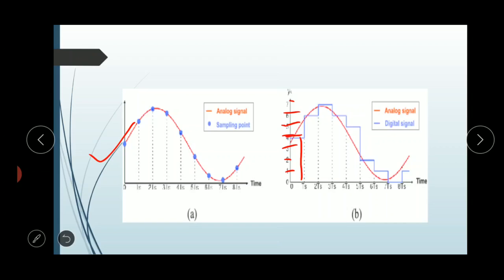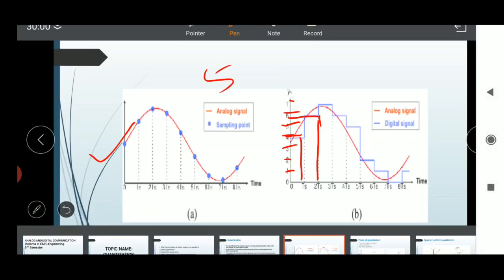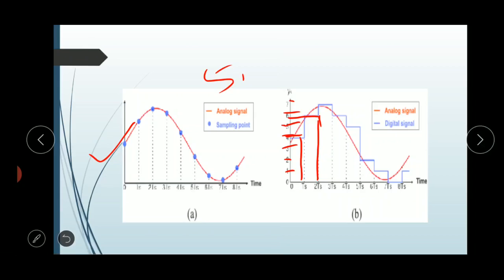Then the second sample is here. This sample lies between 6 and 5, maybe it is 5.8. So we have to round the value off to 6.